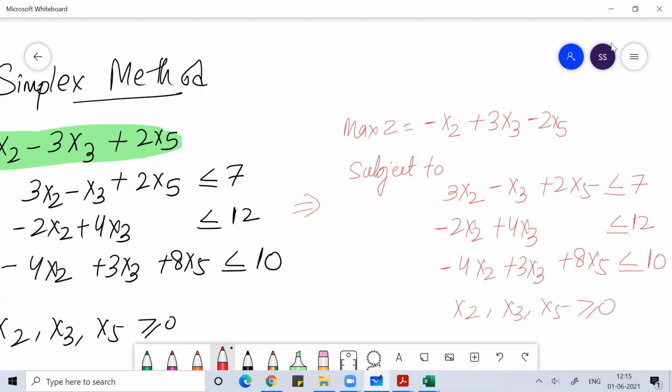So the same problem I can write this way. Okay, guys, I hope you understood.